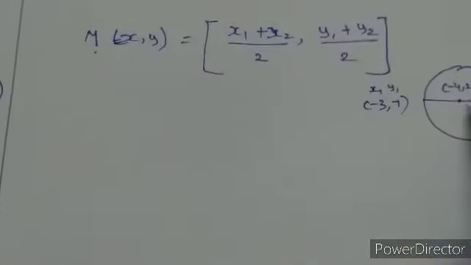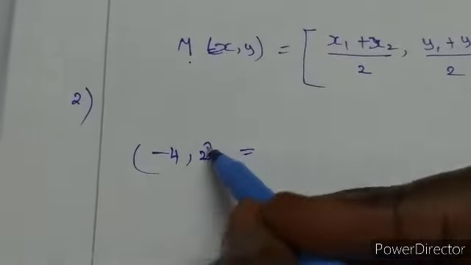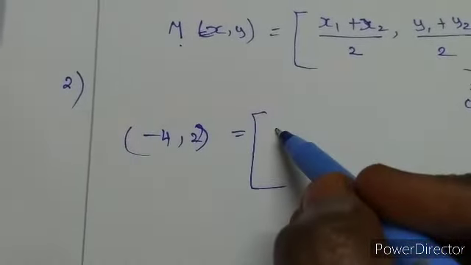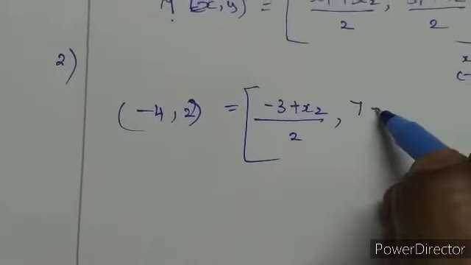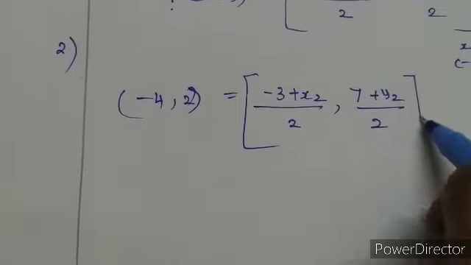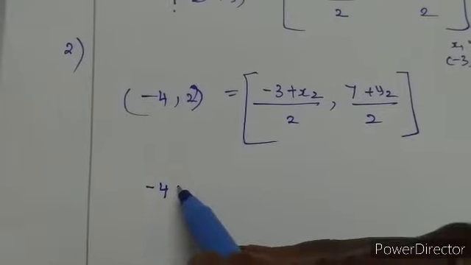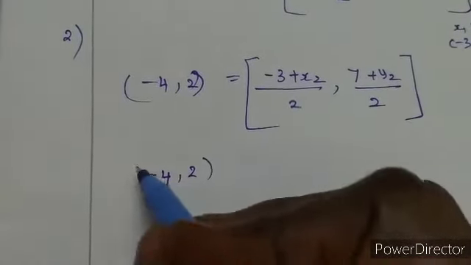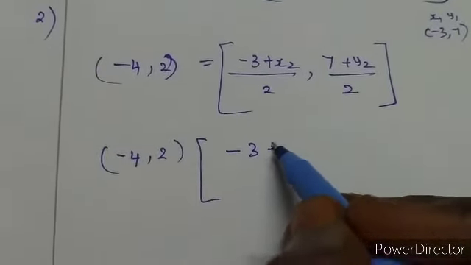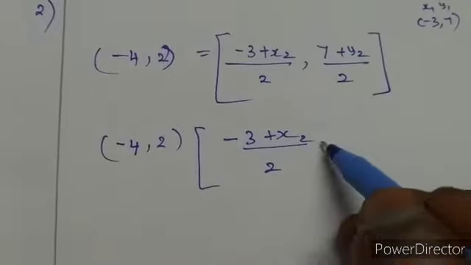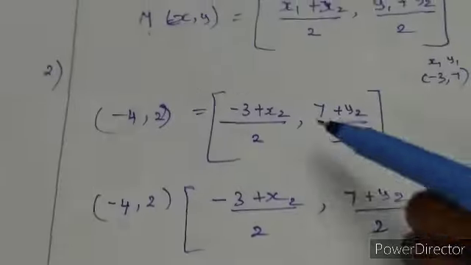What is the midpoint in the given circle? (-4, 2) equals ((-3 plus x2) divided by 2, (7 plus y2) divided by 2). Once again I repeated this.